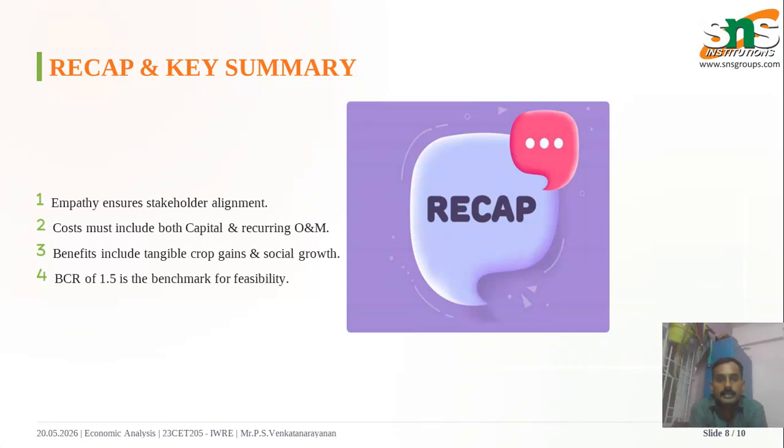Engineers use evaluation methods such as benefit cost ratio to determine project feasibility. The session also highlighted the importance of balancing financial performance with social welfare and sustainability. Overall, economic analysis ensures that irrigation projects are technically sound, financially feasible, and socially beneficial.